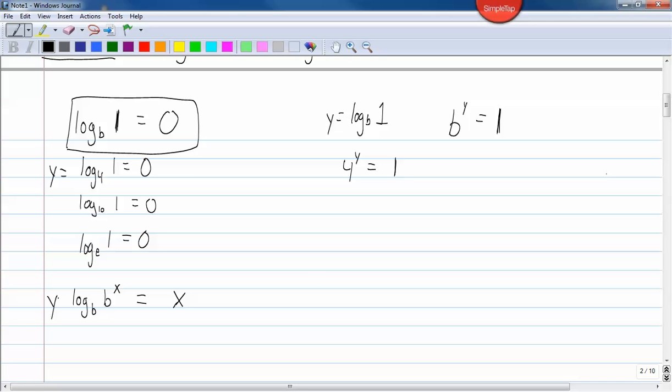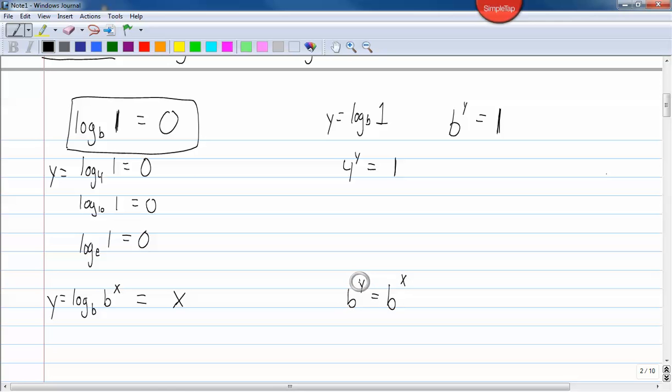If I was to say y equals log base b of b to the x, and I change this over to exponential, then what would I have? This b to the y power equals this, what you're taking the logarithm of, which is b to the x.